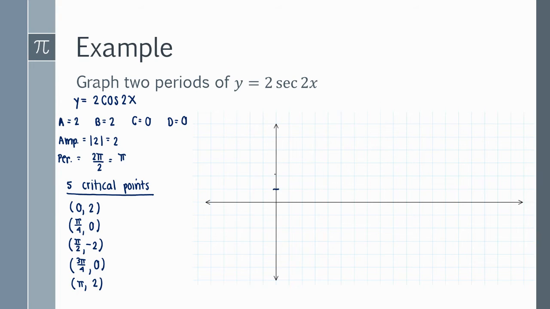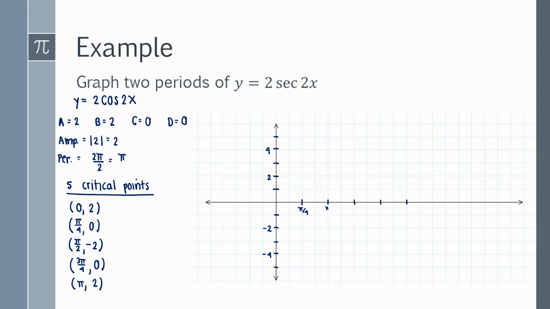So let me label my x and y axis first. I'm going to go up and down on the y-axis by ones. Then I'm going to go over, and we want 2 periods. I'm going to do every 2 represents pi over 4. Okay, so this is pi over 4.